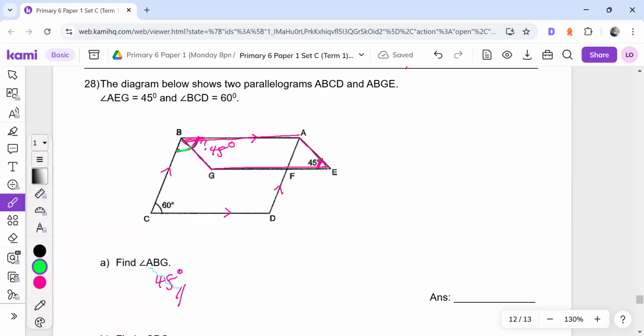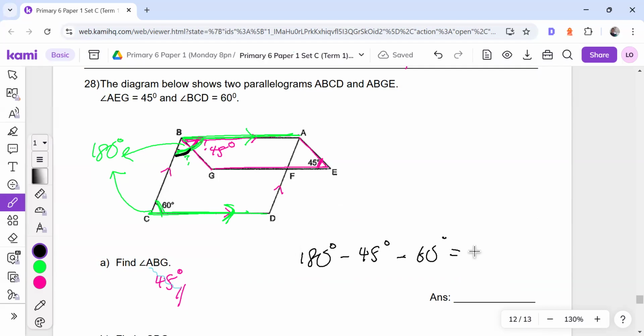So what is the answer? Remember that important property that Miss Long told you about parallel lines. If you see two parallel lines, the angles between them add together to 180 degrees. So to get this angle, I must take 180 minus 45 minus 60 and I will get 75 degrees.